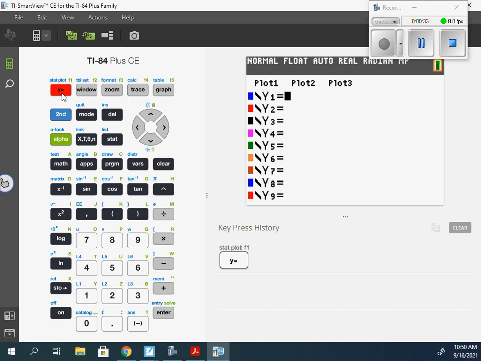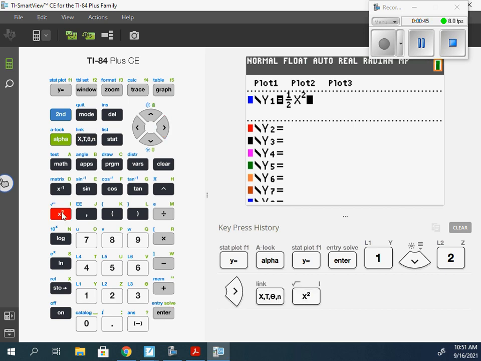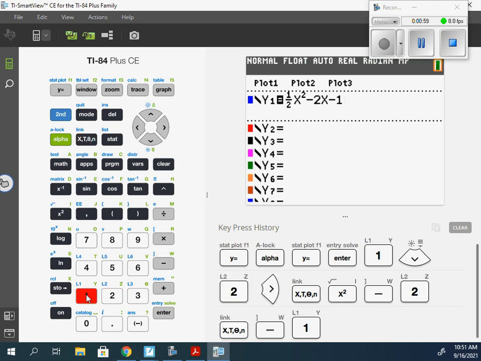Because it starts off with 1/2, we can go alpha, y equals, enter, 1/2 x squared. Then we have minus 2x minus 1 was our function.